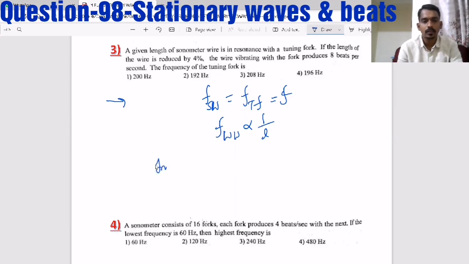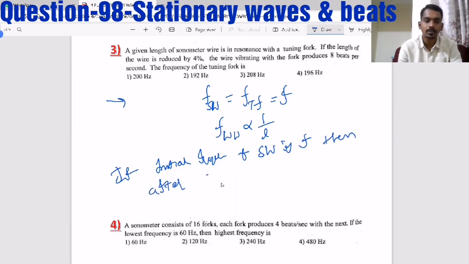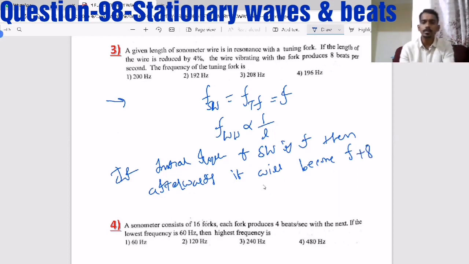That means if the initial frequency of the sonometer wire is F, then afterwards it will become F plus 8, because the length decreased, so the frequency will increase, and 8 beats should come.